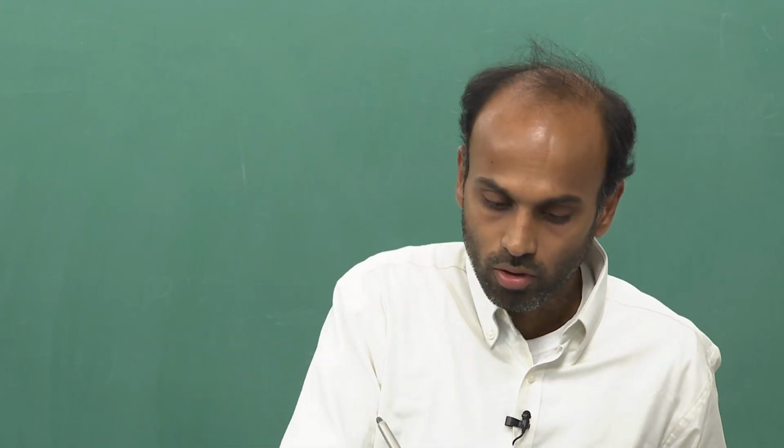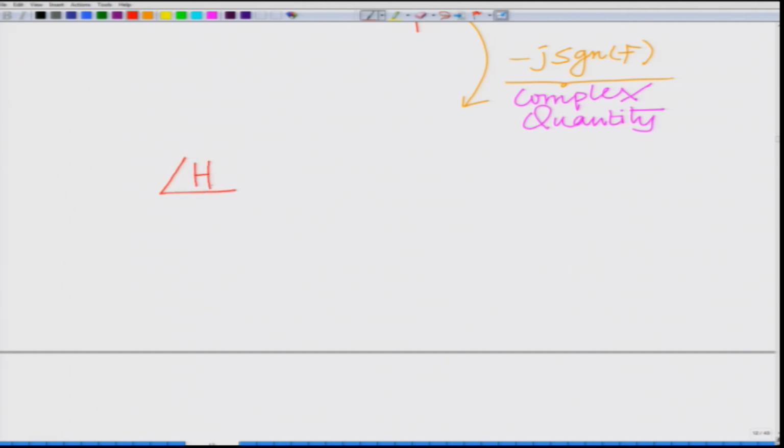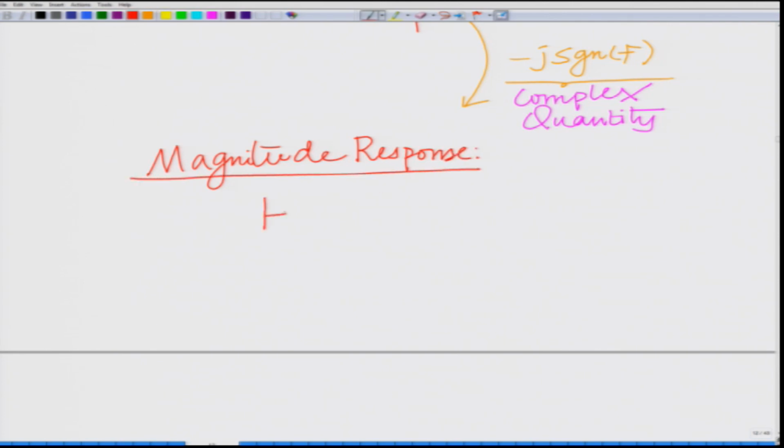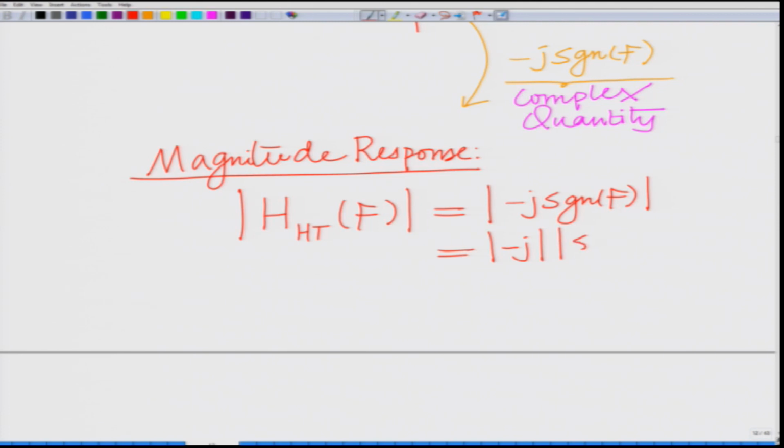So, the magnitude response of H hat of f equals the magnitude of minus j sine f, which is basically the magnitude of minus j times the magnitude of sine f.